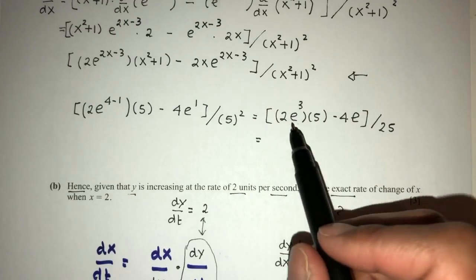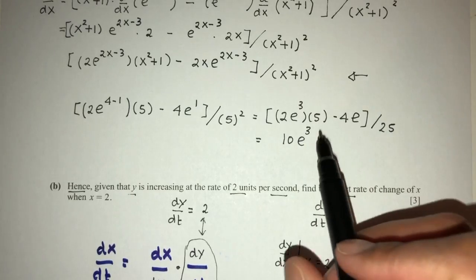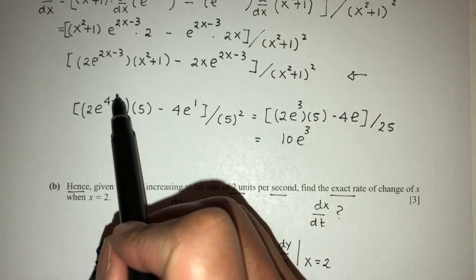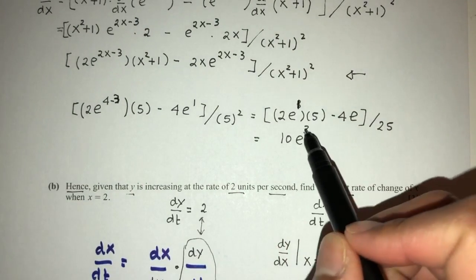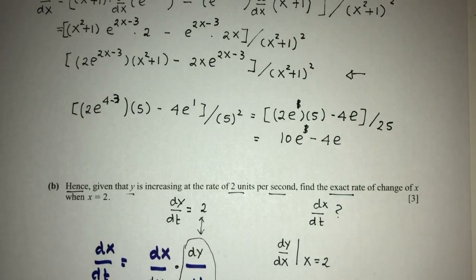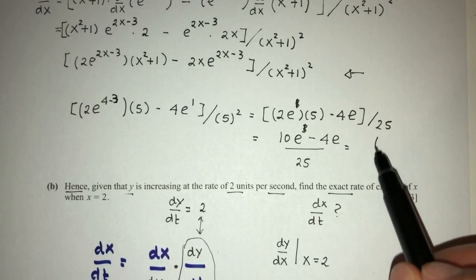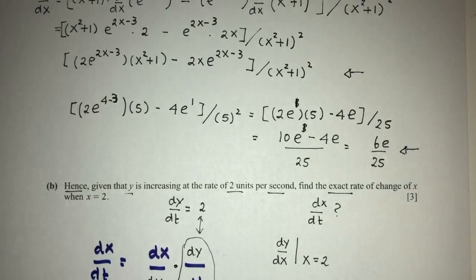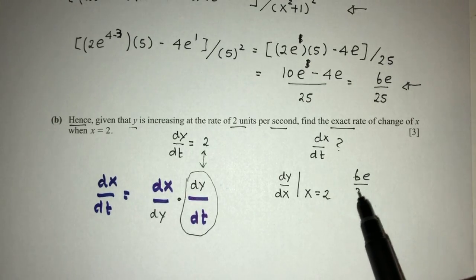Sorry, it is not power 3, it's a mistake here again. This is 3, this is not 1, so it should be 1, not 3. And then minus 4 exponential over 25. That should be 6 exponential over 25. So this is the exact value of dy by dx, 6 exponential over 25.